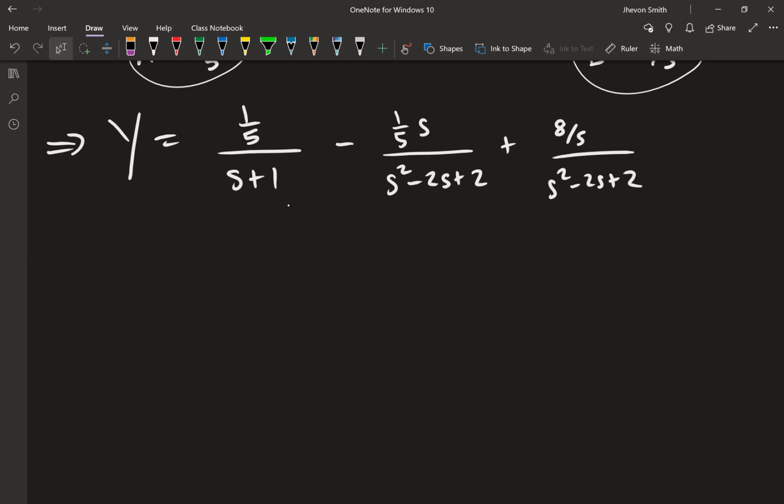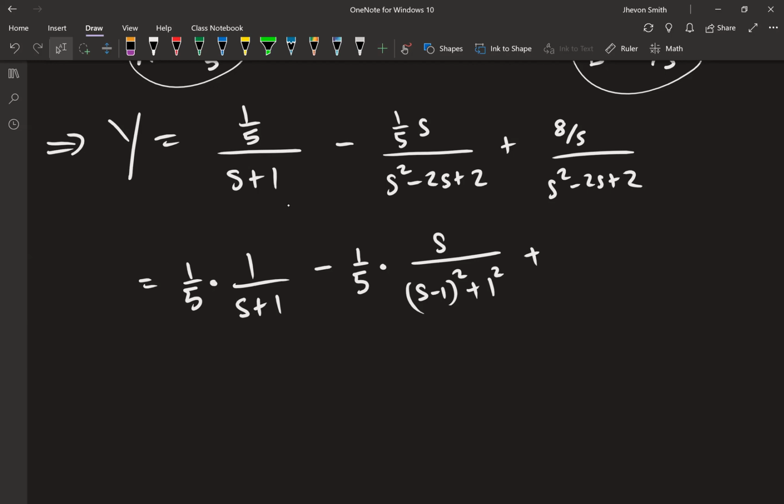Okay, so now we need to make this look like something in the table, which again, the two terms on the right don't really look like anything in the table until I decided to complete the square. So yeah, you have to remember how to complete the square. This is actually s minus 1 all squared plus 1 squared.